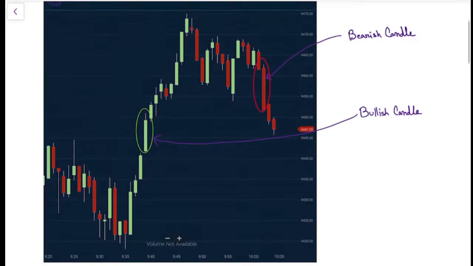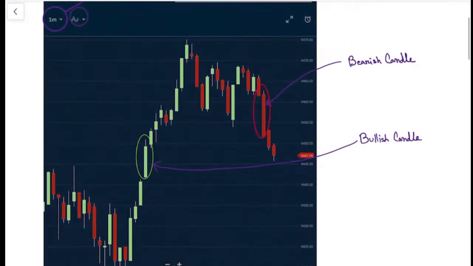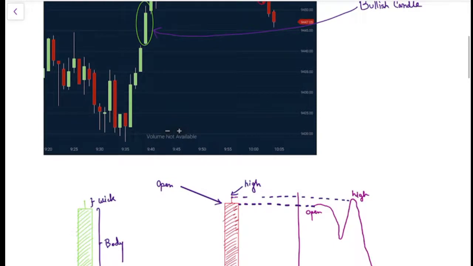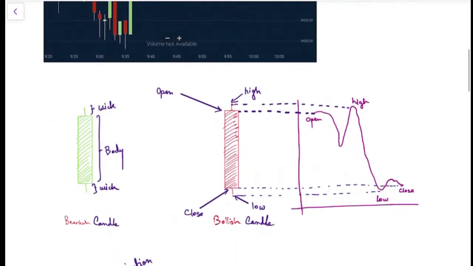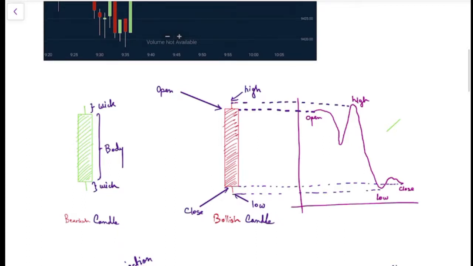So this is a candlestick and you might be confused by looking at this. By watching this video, all your confusion will be over. Without any further ado, let's get into it. This is a typical candlestick diagram. In the last video I explained what open, high, low, close of an instrument is.